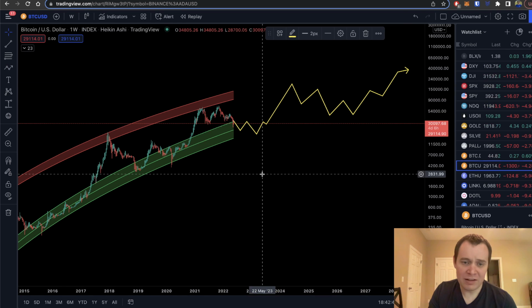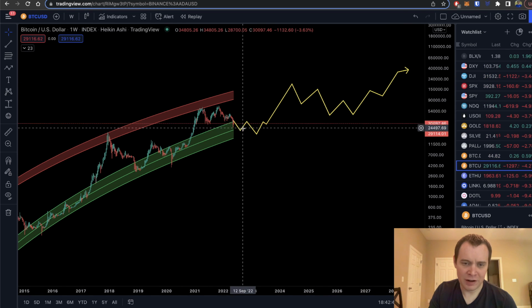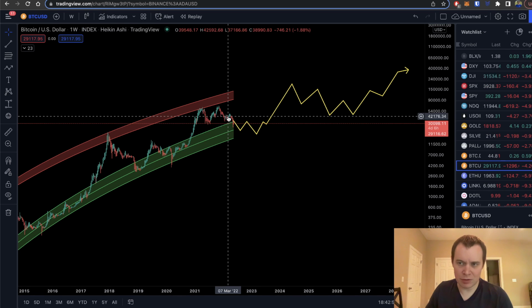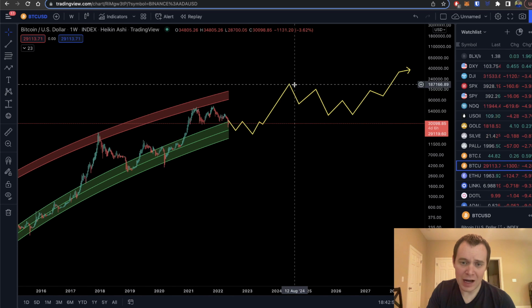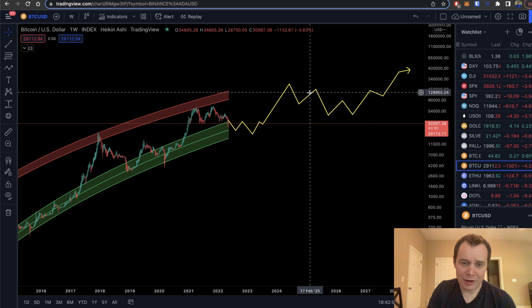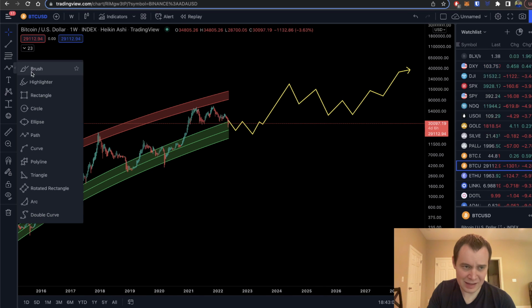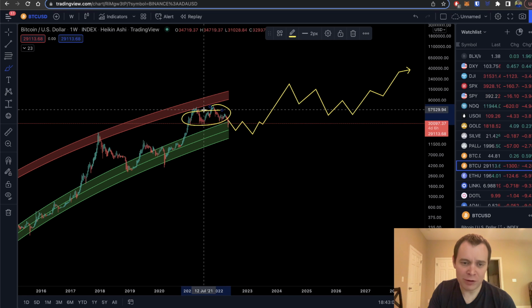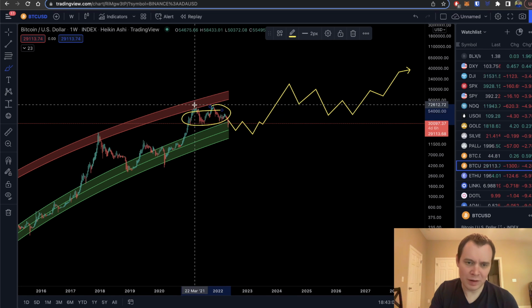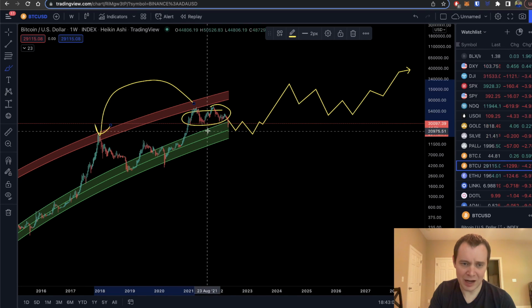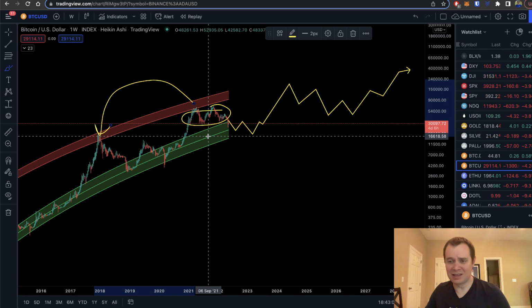I do think it's a plausible path for us to go down, test some lower levels around the prior all-time high, eventually put in a new high, but whenever we come back down, we could probably go back down and easily retest these levels, especially if we've already done away with the idea that Bitcoin can never go back and retest its prior all-time high if it's about to do it in this cycle. Okay, so hopefully this makes sense.